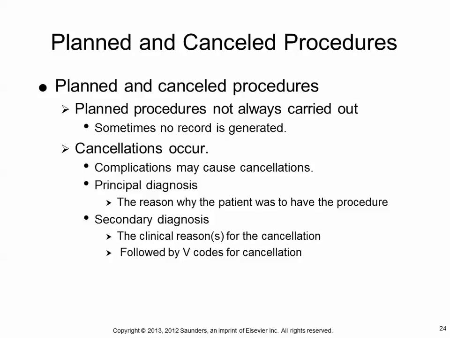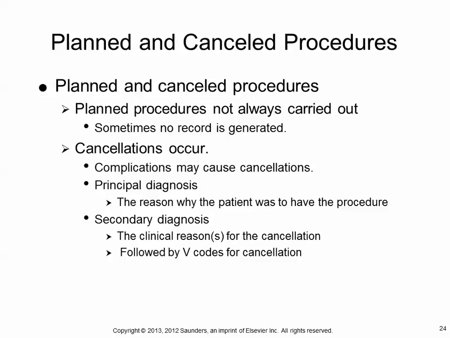And her V code, if you look on the bottom of page 131, let's look at the V codes now. We have V64.1, surgical or other procedure not carried out because of contraindication, a medical reason to delay the procedure. So a contraindication is that medical thing.